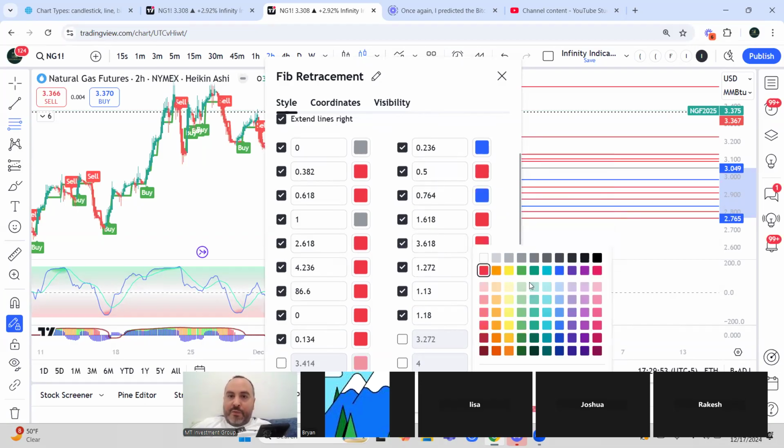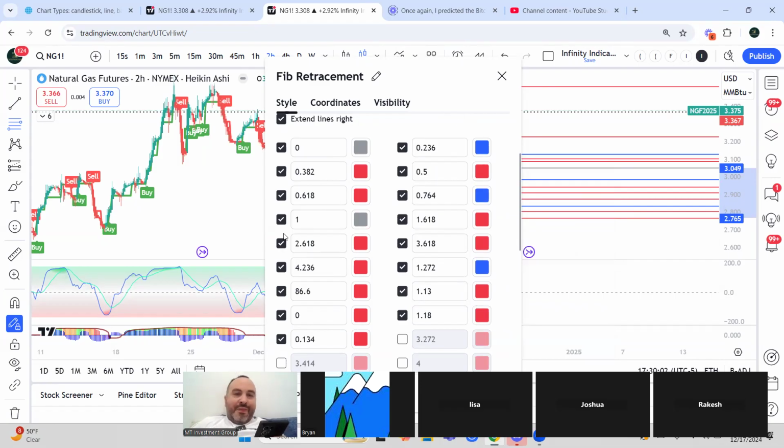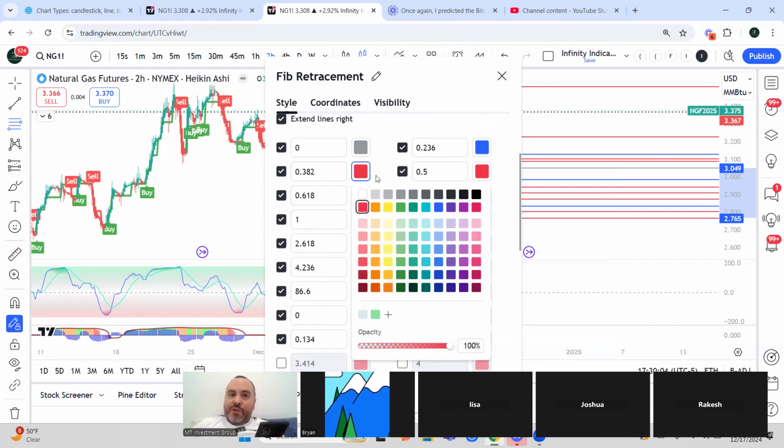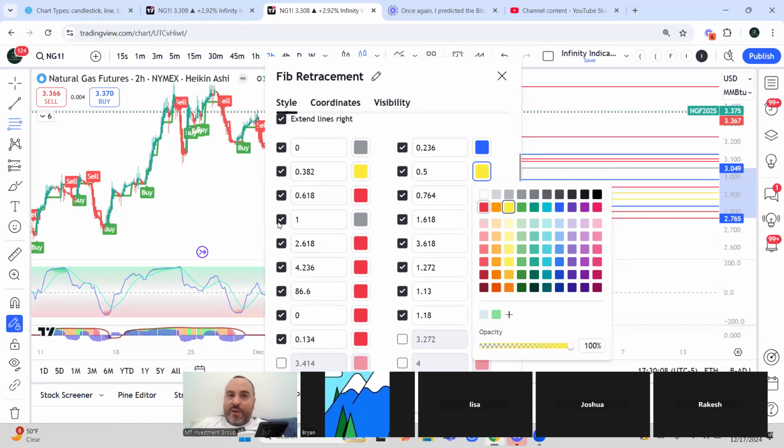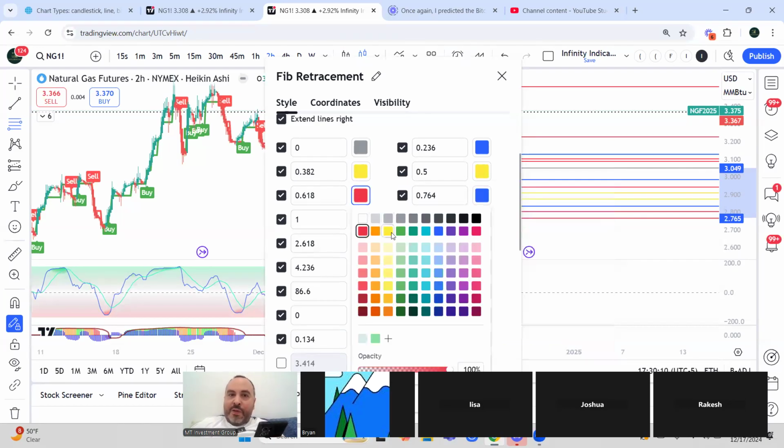Here it is, blue. So you should have 3 blue ones. Next, your 38.2 is going to be yellow. Your 0.5 is going to be yellow. And your 61 is going to be yellow. This is our golden pocket, or our golden zone.